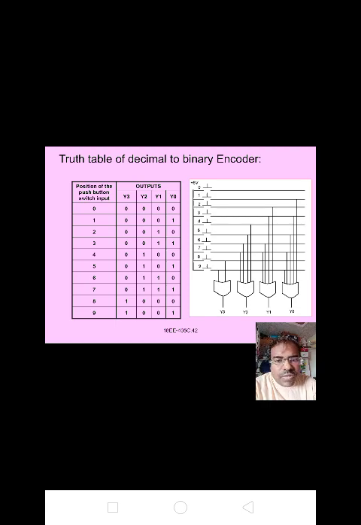For 3, 0, 0, 1, 1. For 4, 0, 1, 0, 0. For 5, 0, 1, 0, 1. For 6, 0, 1, 1, 0. For 7, 0, 1, 1, 1. For 8, 1, 0, 0, 0. For 9, 1, 0, 0, 1. Okay.